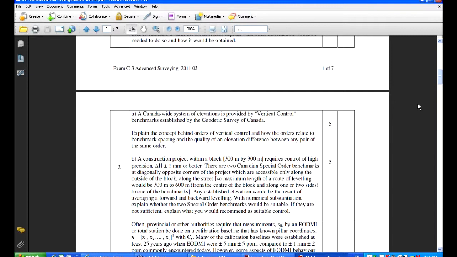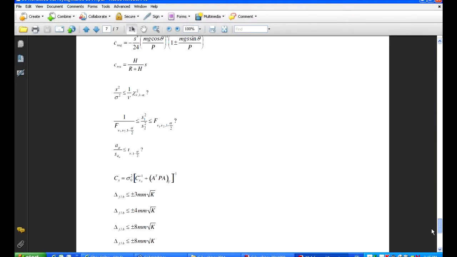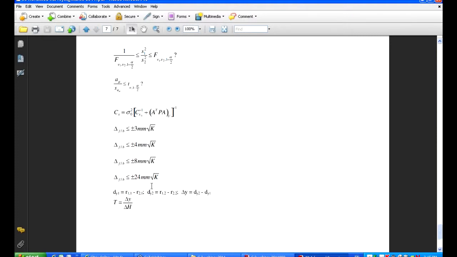Maybe I'll just go to those. These expressions here are taken directly out of that Surveys and Mapping publication. They are allowable discrepancies between forward and backward leveling. They're not standard deviations of height differences. So you have to take that and convert it into a standard deviation of the height difference between 2 benchmarks.